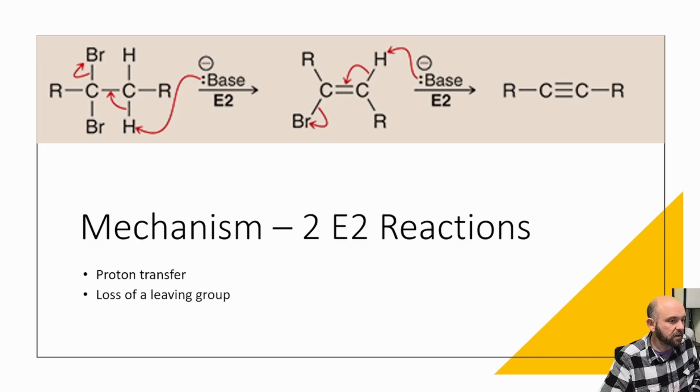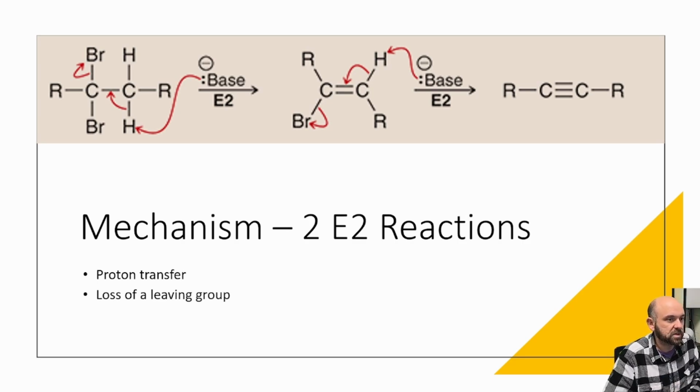Here we see the E2 mechanism. We should be familiar with this mechanism already, where we have proton removal, the pair of electrons that was shared in the bond between the proton and the carbon atom is moved over to form a pi bond, and then loss of a leaving group allows for the adjacent carbon to still have a correct octet. This simply happens twice for the alkyne product to be made.